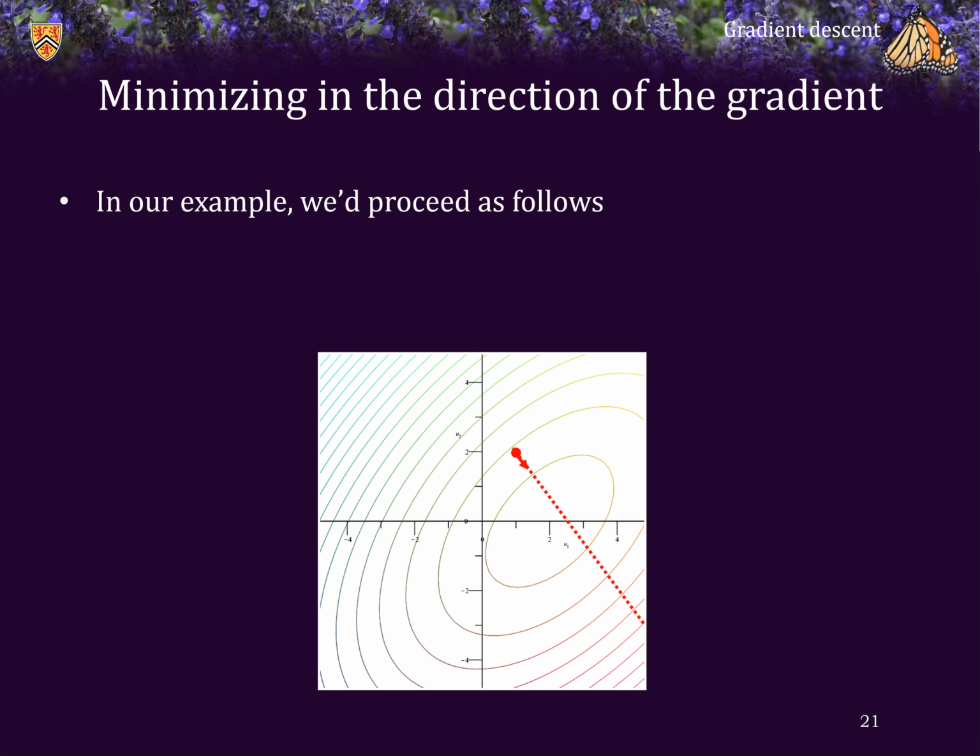All right, so in our example we'd proceed as follows. First of all, we'd evaluate the function at u sub k plus the normalized gradient vector. Seeing that we're going downhill, we'd evaluate the function at u sub k plus phi times the normalized gradient vector.